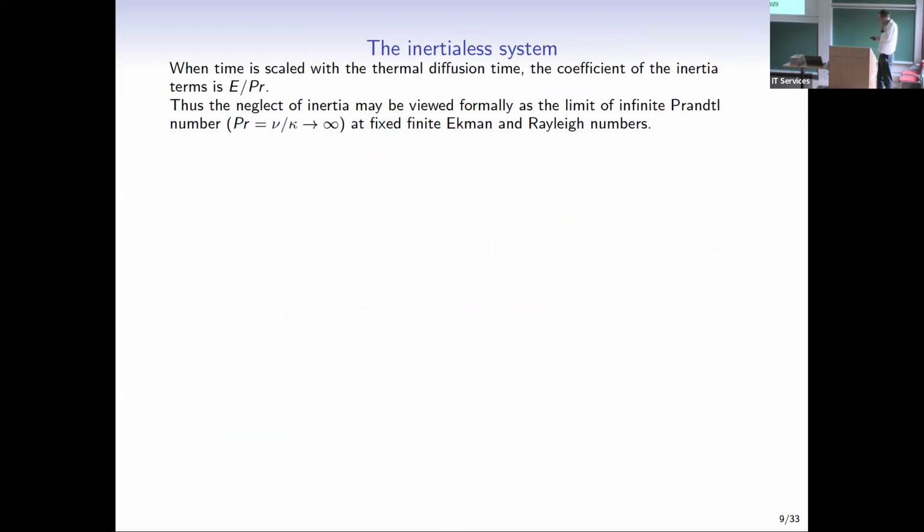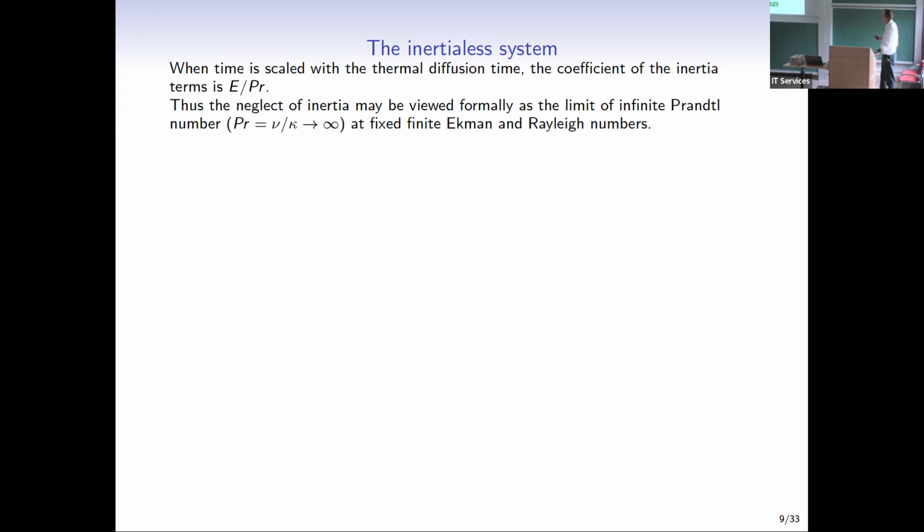So what is this inertialess system? So if you didn't throw away the inertia and you kept it and you used this scaling, its coefficient would be E over Pr. So in some of the talks we've heard in this meeting, it's been E over Pm, but that's because the scaling is done with the magnetic diffusion rather than the thermal diffusion.